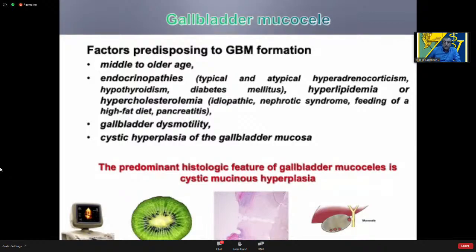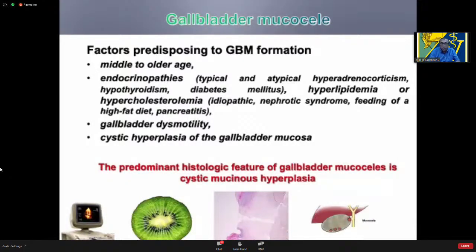It can be registered in cases of gallbladder motility changes, and of course in cases of hyperplastic changes of the gallbladder mucosa. The red line for this idea: the predominant histologic feature of the gallbladder mucocele is cystic mucinous hyperplasia.